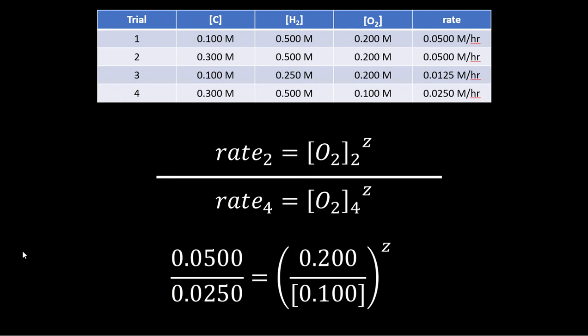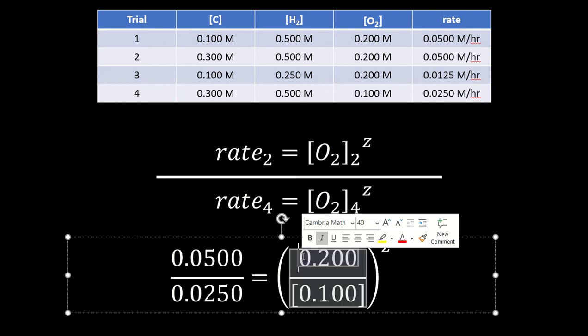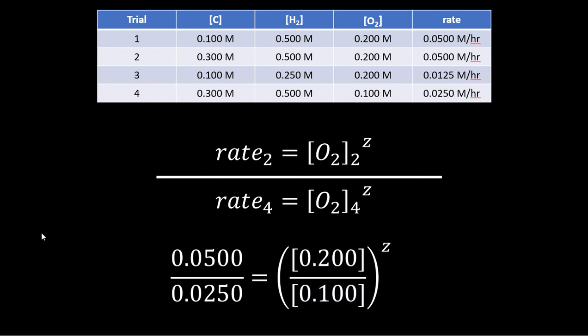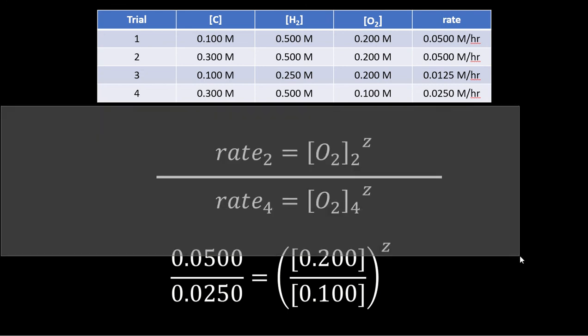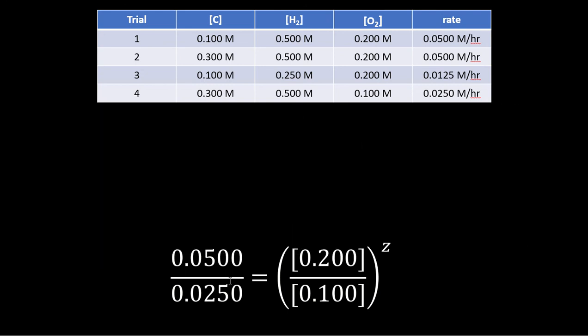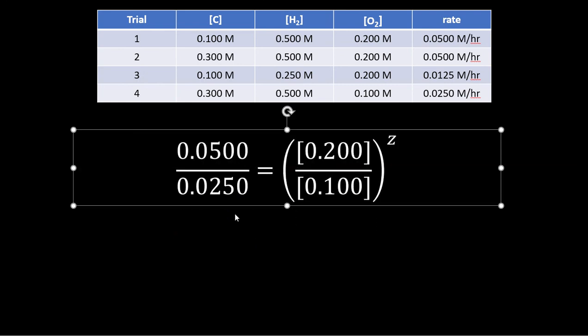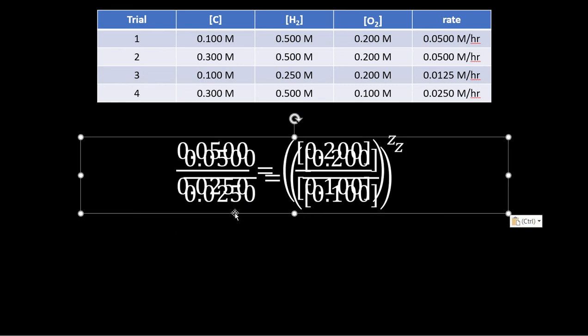And that quantity will be raised to whatever the value of z is. So, okay, effectively what we have is 0.0500 divided by 0.025. That would just end up being a value of 2.